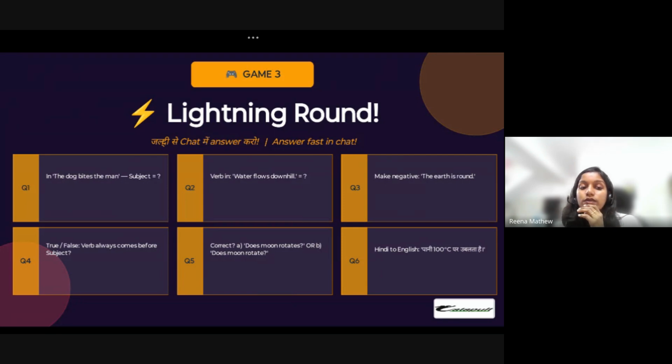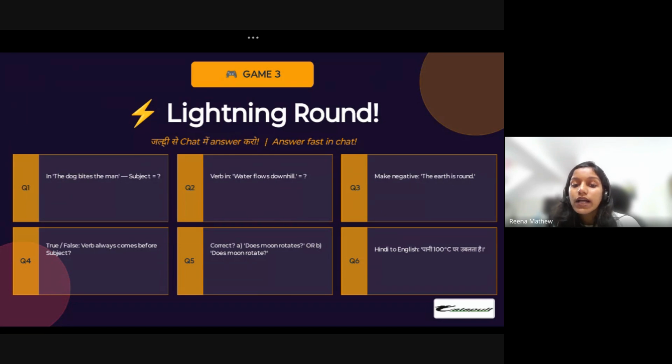So you don't say does the moon rotates. We say does the moon rotate. I won't ask does she knows English. We should ask does she know English? Does she understand? Use the simple form of the verb.